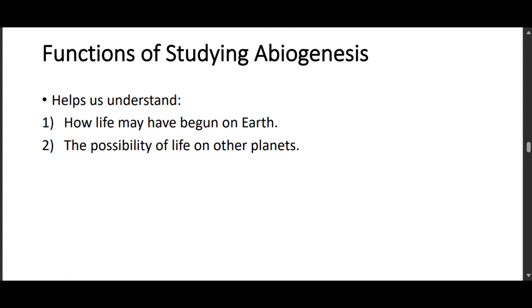Studying abiogenesis helps us understand how life may have begun on earth, and it also helps us understand the possibility of life on other planets.